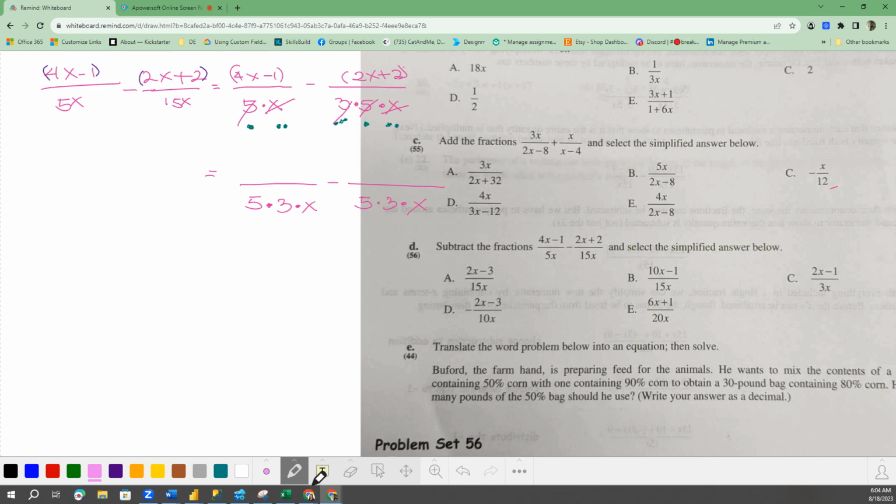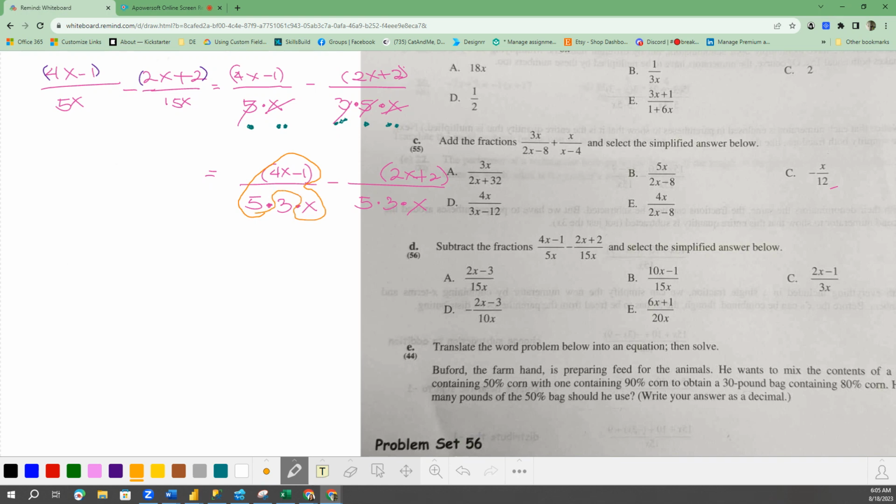Okay, so now I'm gonna copy the numerators, which are still in parentheses. 4x minus 1, and then 2x plus 2 in parentheses. Okay, I'm gonna circle now which one is the same. So on the top one, the 5 and x are the same, but not the 3.